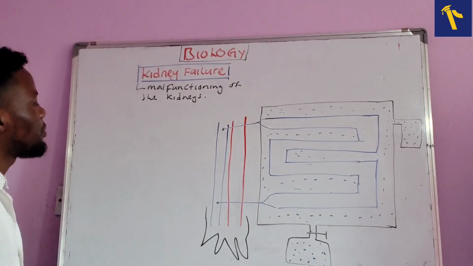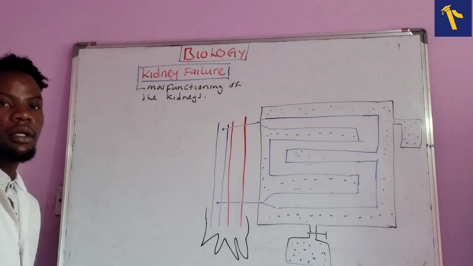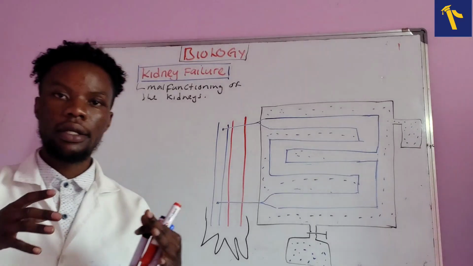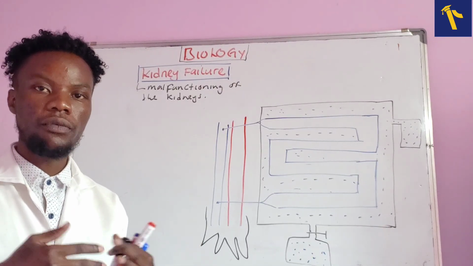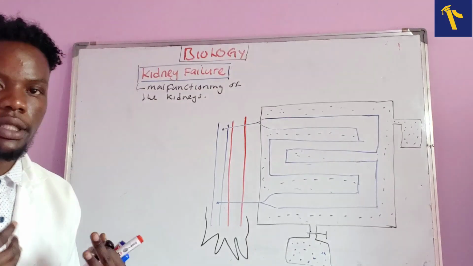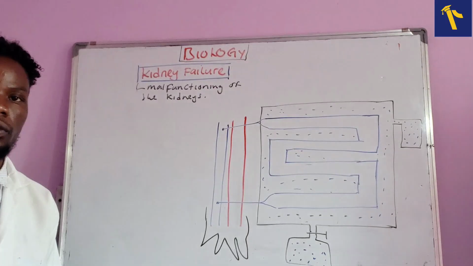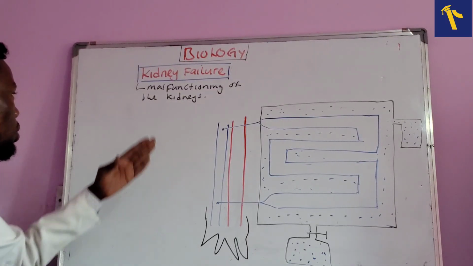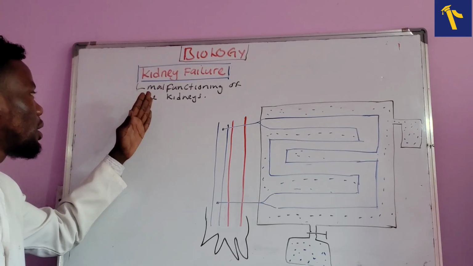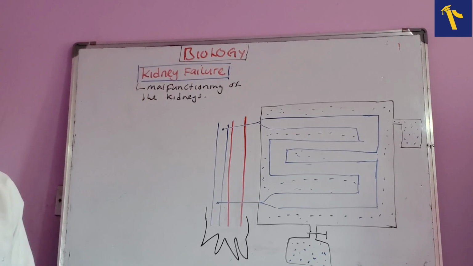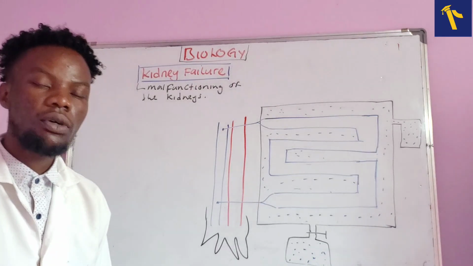So what does it mean if you say malfunctioning? It means that the kidneys are not working well, right? Malfunctioning means that something is not working well or performing its function. So if the kidneys are not performing their function, it means that someone is having kidney failure. What is the function of the kidney?